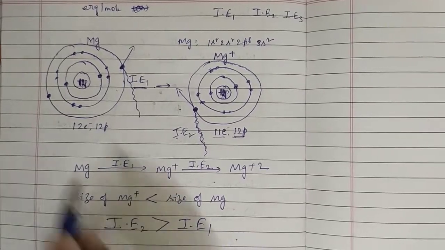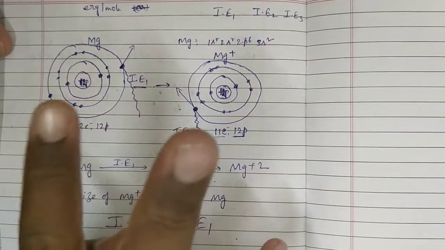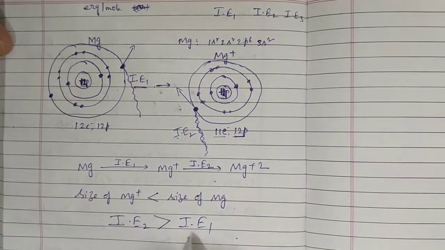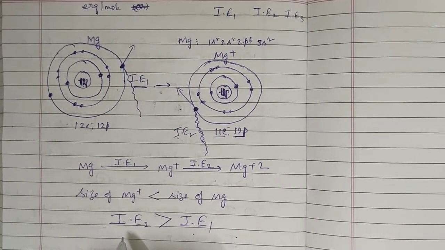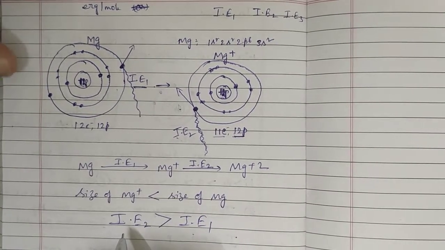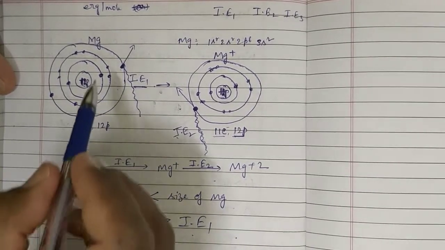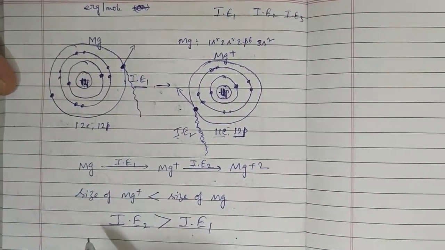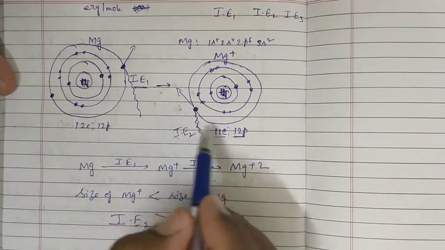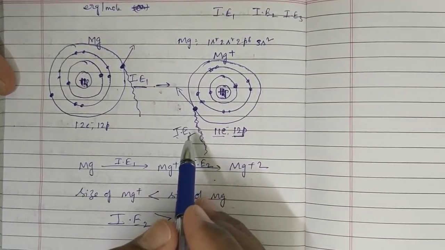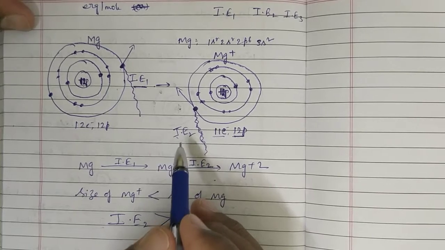Is it okay? So in magnesium, we have two ionization energy values, that is IE1 and IE2. Every time IE2 is greater than IE1, because IE1 is the ionization energy required to remove the electron from neutral atom. But IE2 is the amount of energy required to remove the electron from unipositive ion.